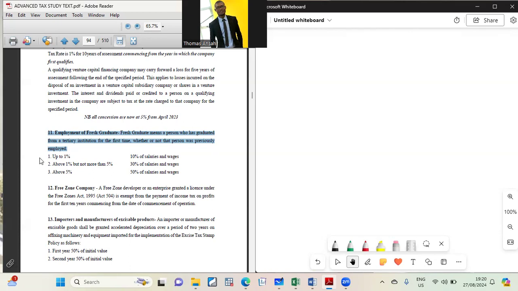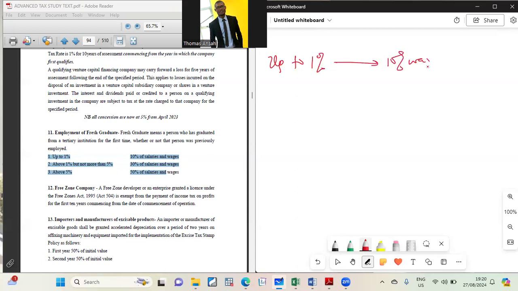So if an entity employs you, the entity is exempt. These are the benefits. If the fresh graduates are up to 1% of your total staff, then 10% of the wages and salary are given as exempt. Somebody will ask, is it wages and salary for the entire company or for that fresh graduate only?